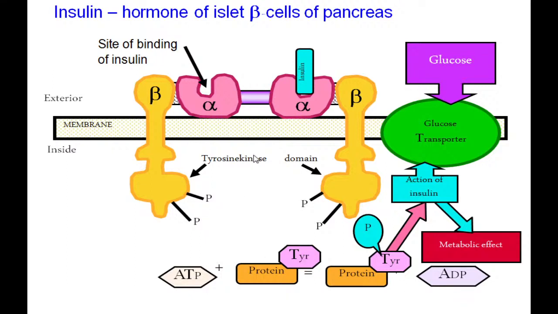That leads first to activation of glucose transporter. This is a transport system localized in the cell membrane. It's first activation of the transporter and promotion of transport of glucose.